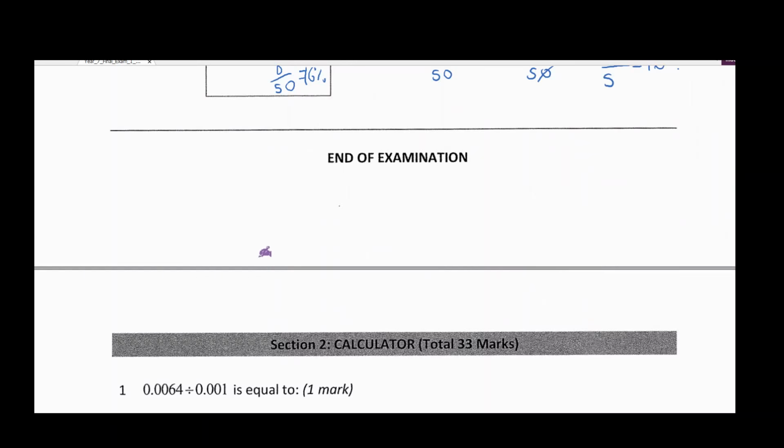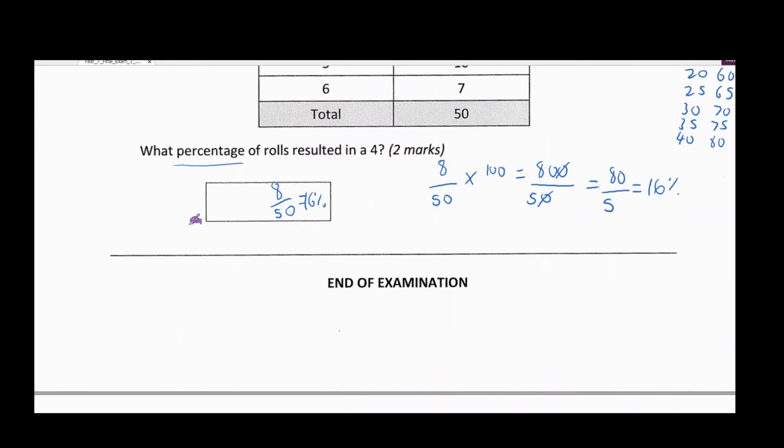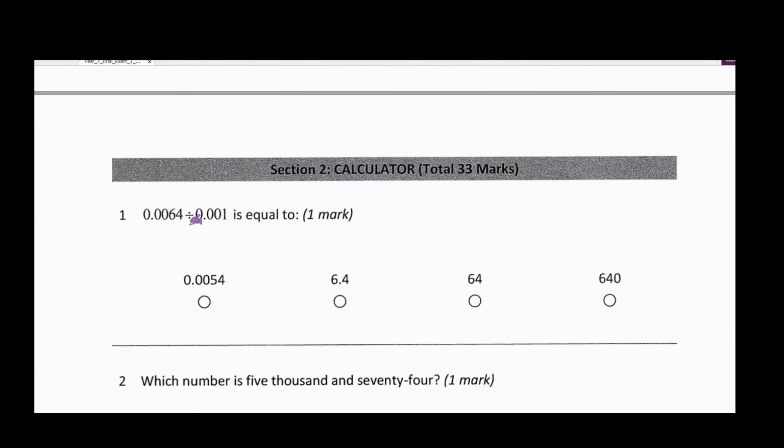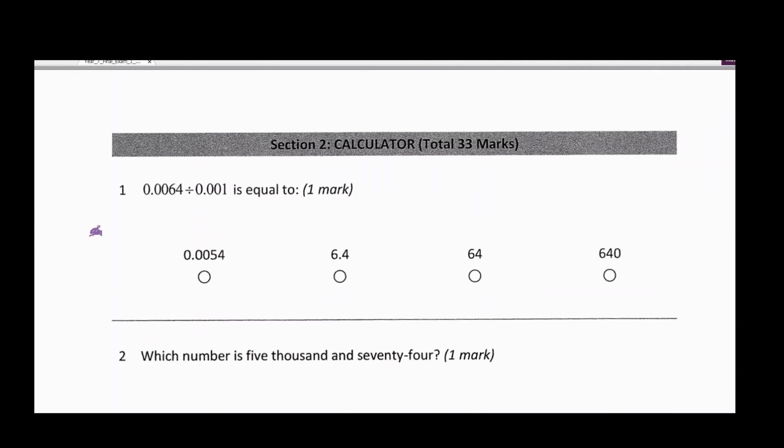End of examination. That's the end of the calculator free bit. Now we can use the calculator. So straight away we can type these in for the next bit. 0.0064 divided by 0.001, 6.4.